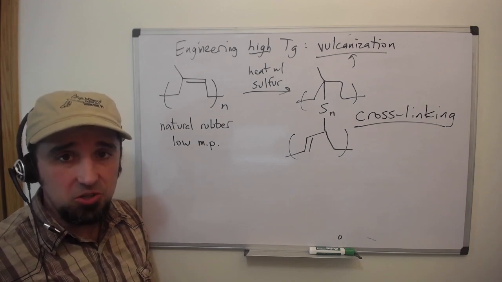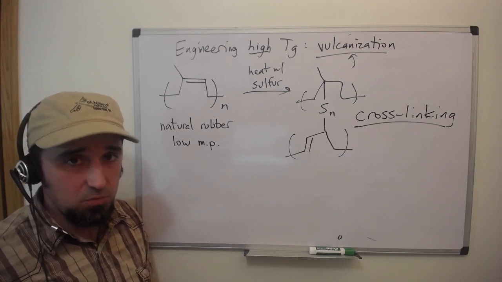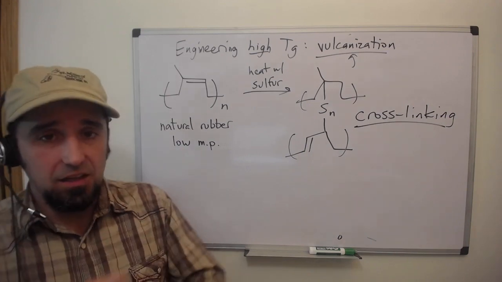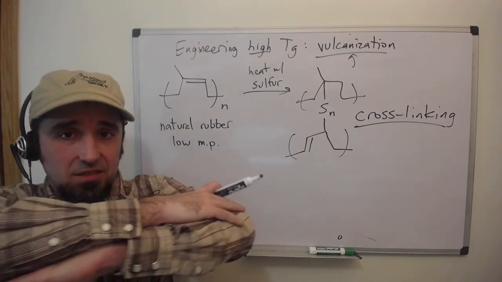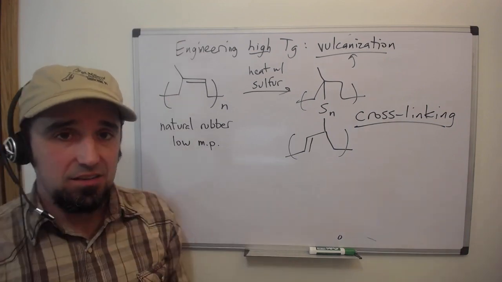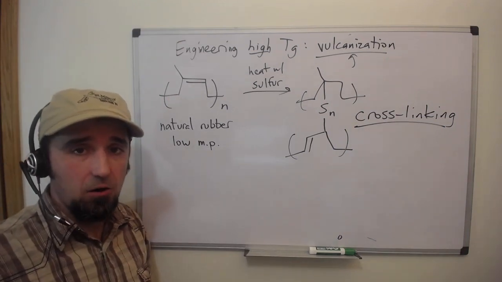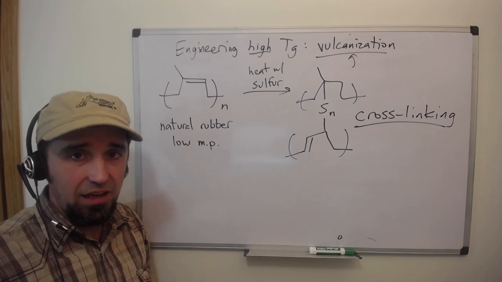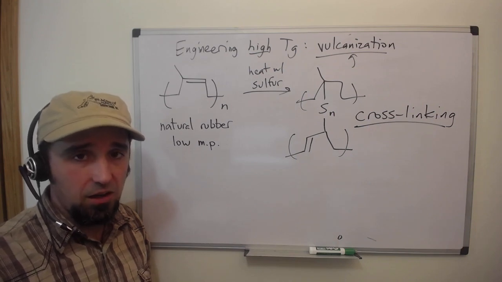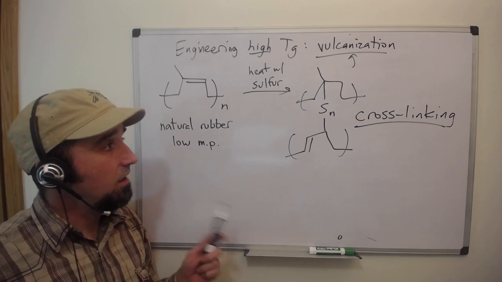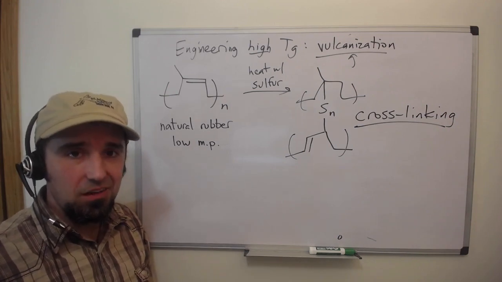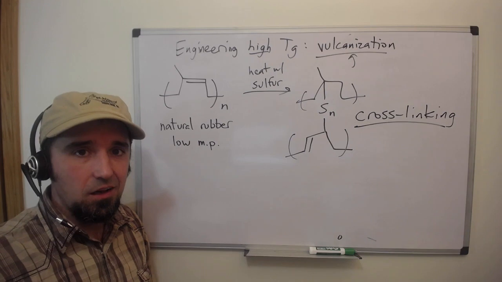Those sulfur bridges are not the strongest bond in the world, but they're strong enough, and there's enough of them that it largely prevents these chains from sliding all the way past each other. And so it dramatically raises our melting point and our glass transition temperature. So if I want to engineer something that's going to be really resistant to heat, cross-linking is how it's going to work.